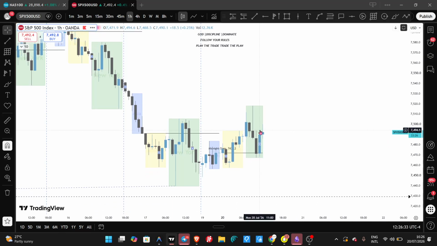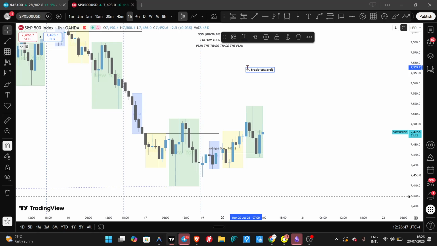I have two theses or two theories for a trade today. So one, trade towards internal range to the upside, or two, trade the reaction away from it.